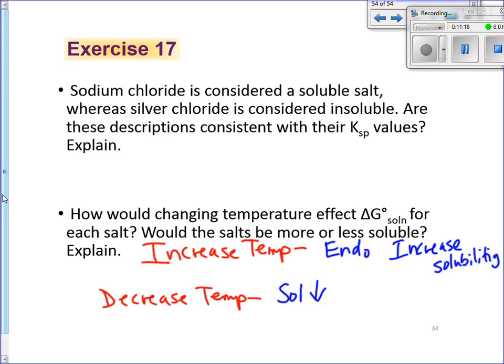And then if you increase the solubility, how does that affect delta G? Delta G will decrease when you increase the temperature, yes, because it becomes more favored. Okay? Decreasing the temperature, your delta G is going to increase.